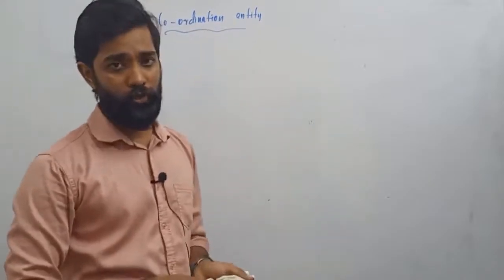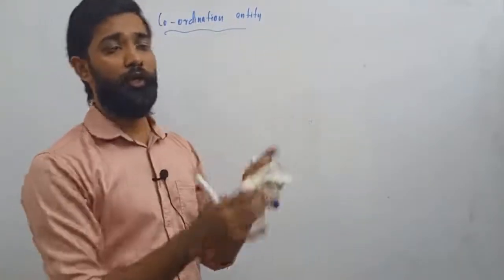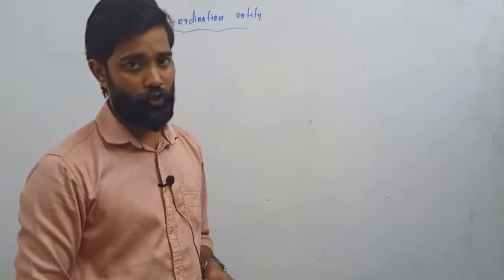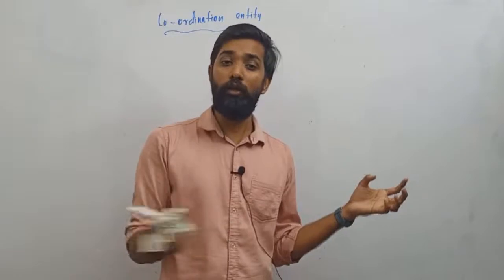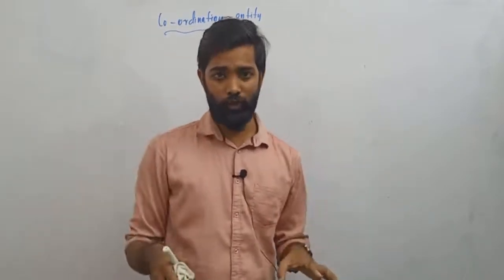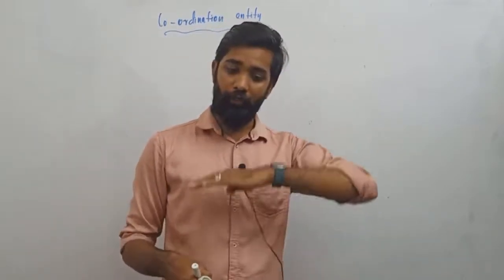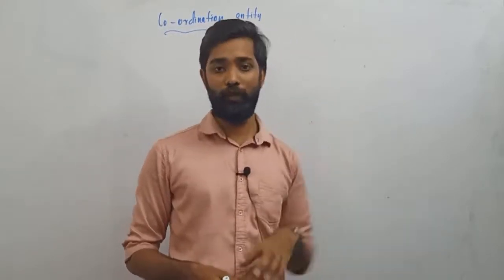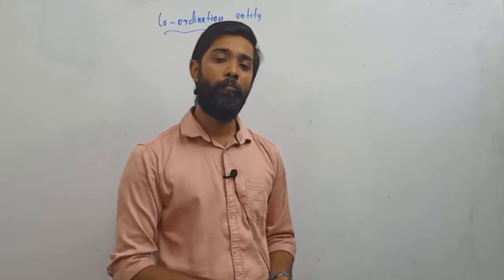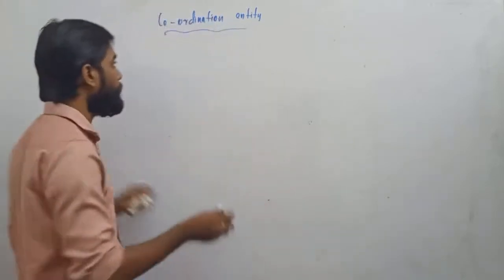So coordination entity means anything which is enclosed in the coordination sphere. You know what a coordination sphere is? The square bracket is simply said to be the coordination sphere. The species which are inside the coordination sphere are altogether called the coordination entity, okay.